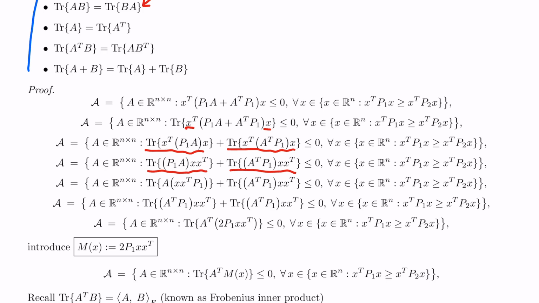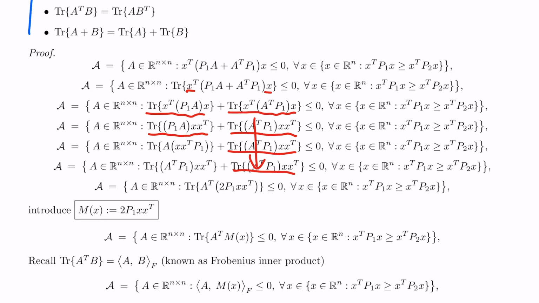Nothing is going to change in this route, and here, one more time I am taking that P1 term and putting it here. Now, using this property, I'm writing that from here.